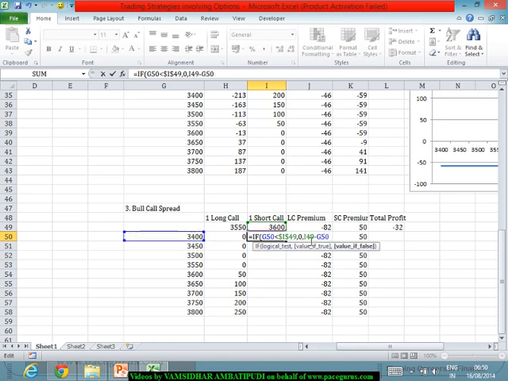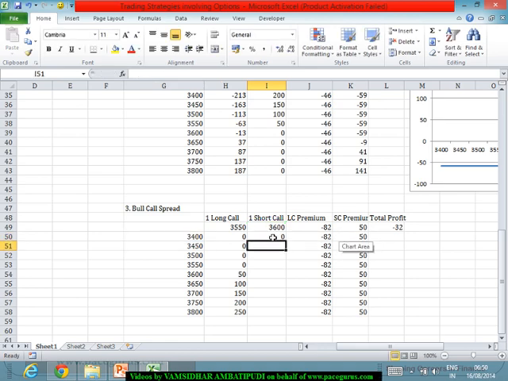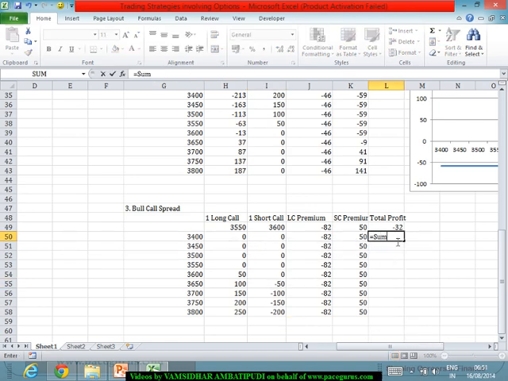So I incur a loss if the market price goes beyond 3,600, which is the strike price. If the market price goes to 3,650, there is going to be a loss of 50 for me, because the long holder is going to exercise the option and purchase the share at 3,600 while the market price is 3,650. So that 50 is what causes the loss on the short call position. Now I can talk about the overall profit or loss situation.